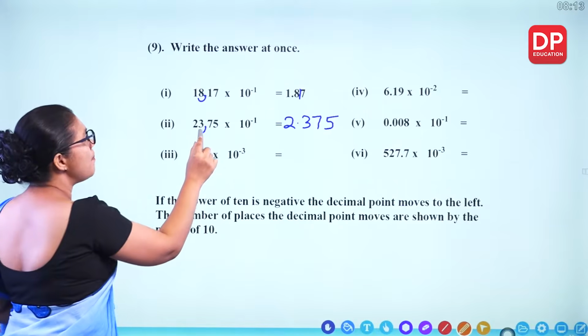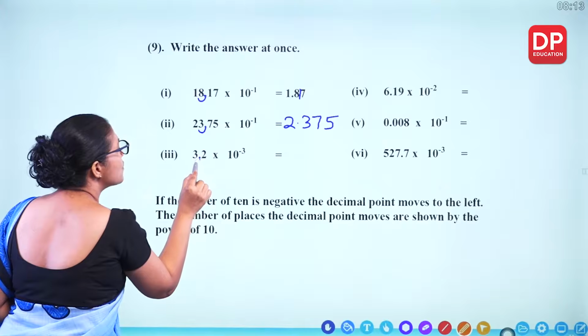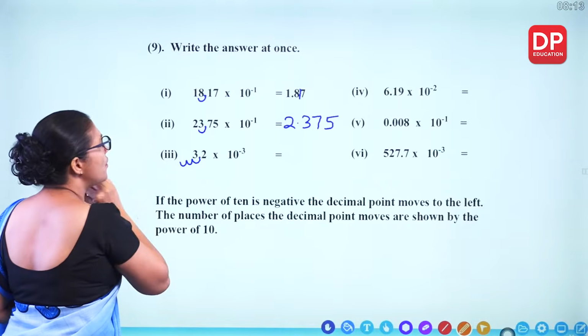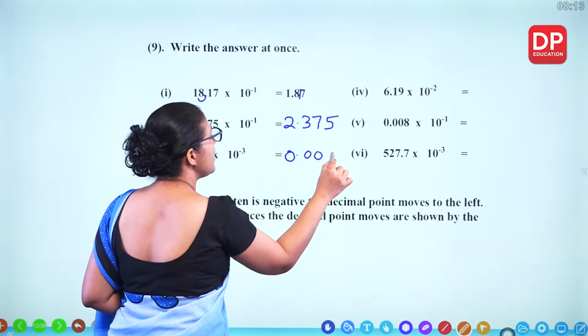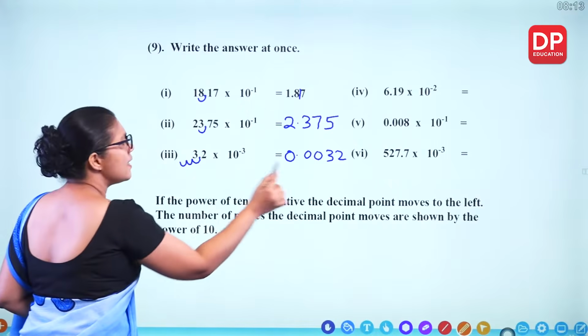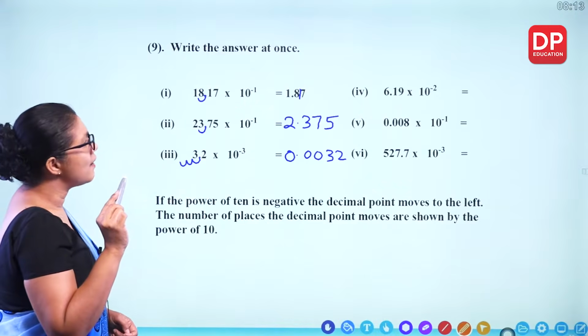So only 1 place to the left. This one, 3 places to the left. 1, 2, 3. So you get 0.0032. Check it again. Here 1, 2, 3, 3 places to the left.